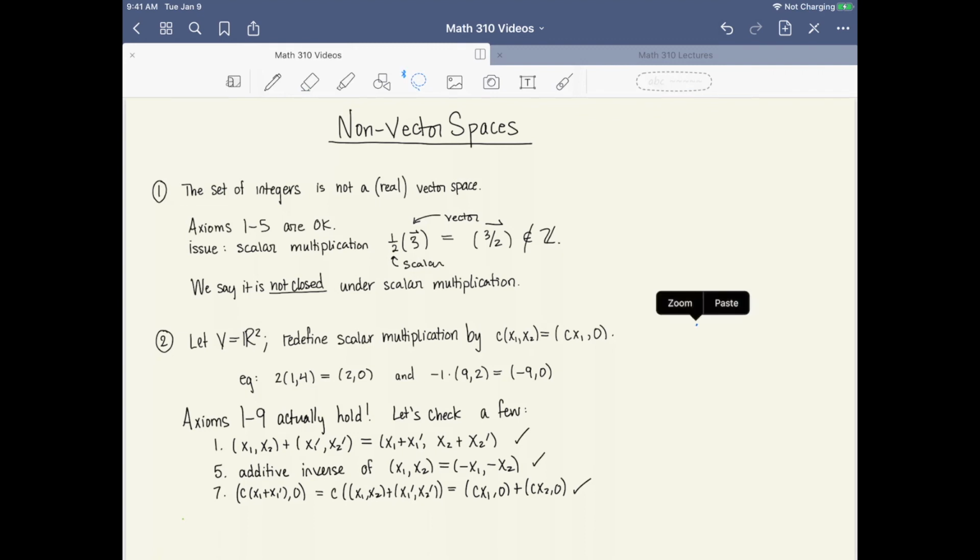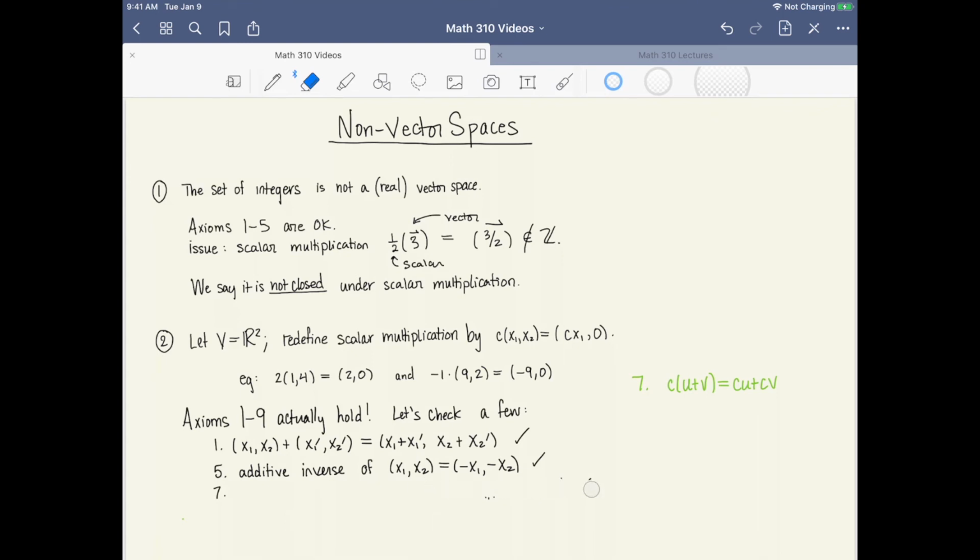So what axiom 7 states is that if you take 2 vectors u plus v and you scalar multiply by c, it's equal to cu plus cv. So this is what we want to work out. Actually, what I've written down here in the notes is a bit more consolidated, so let's work this out carefully to check this axiom. All right, so let's take c times u plus v and see what that is.